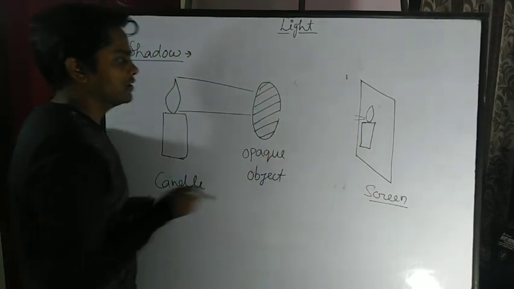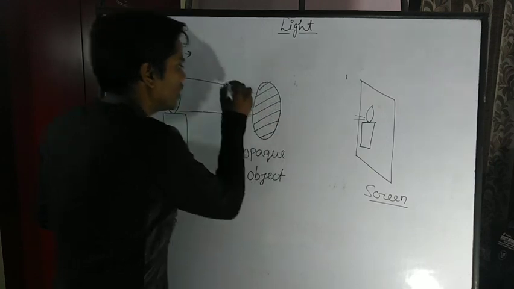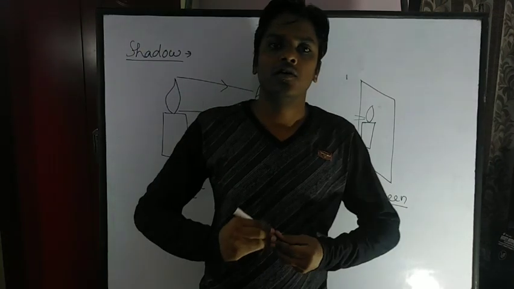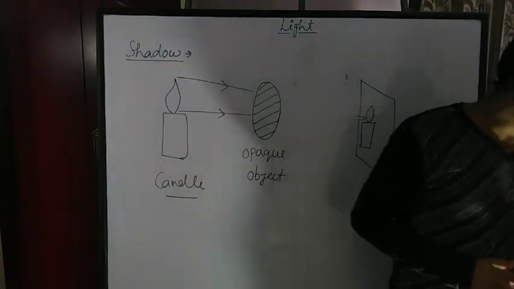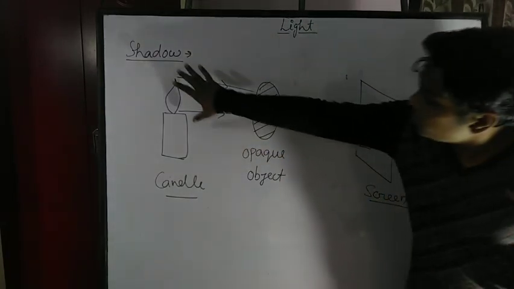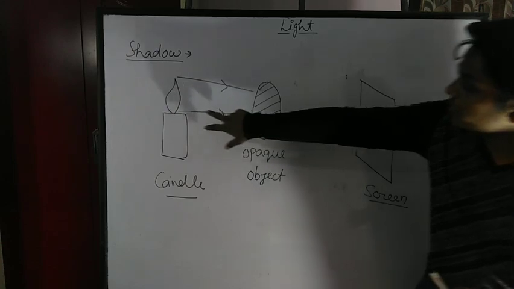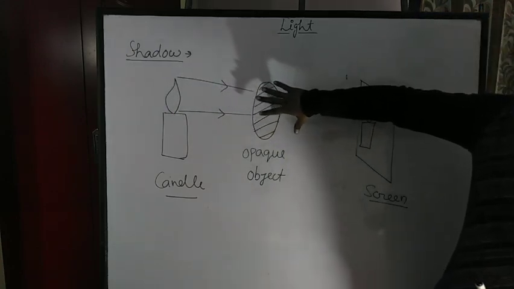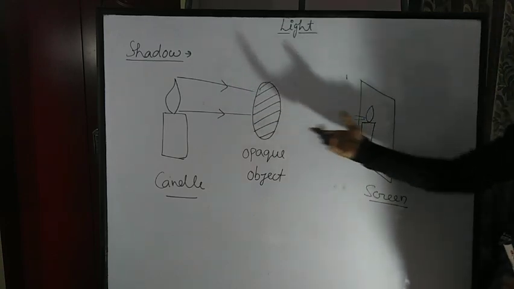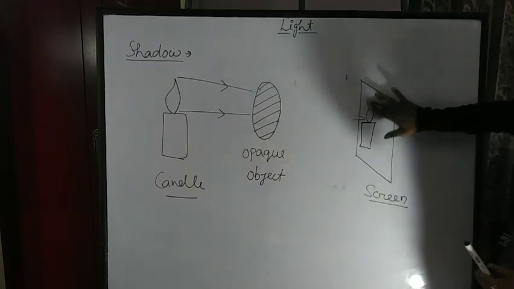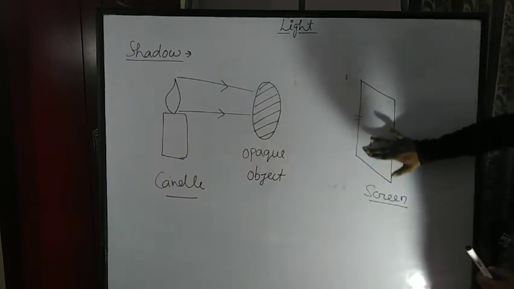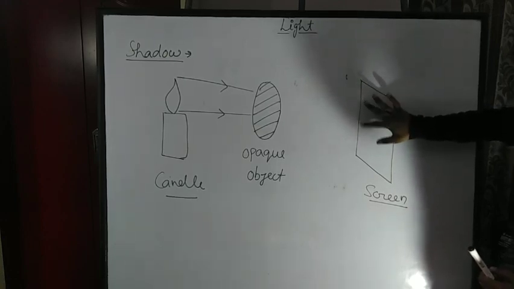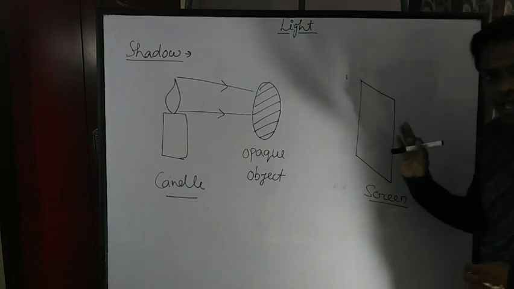Now the ray of light only comes up to this opaque object and it will not cross to the screen. So we will get nothing as an image.